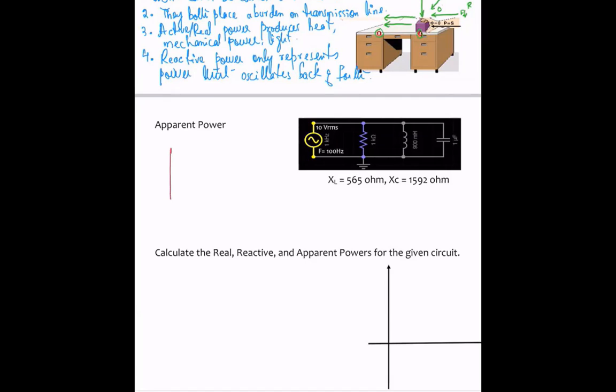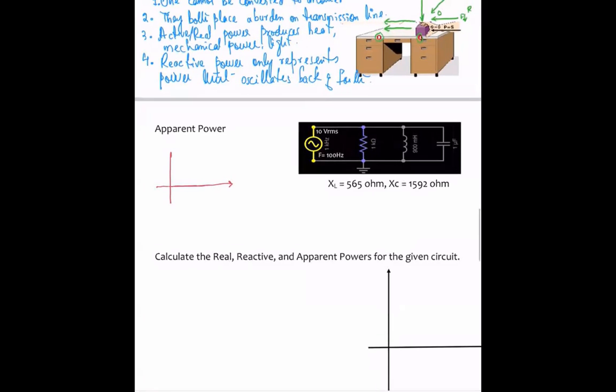If you look at the resistive load, it exists on the x-axis, and I'll say this is the real power or true power, P. Then you have the reactance, which is on the y-axis, depending upon whether it's more inductive or more capacitive in nature. Say it's more inductive, so the total reactance will be over here. This would represent the reactive power, Q, and then the apparent power will be the resultant of these two.